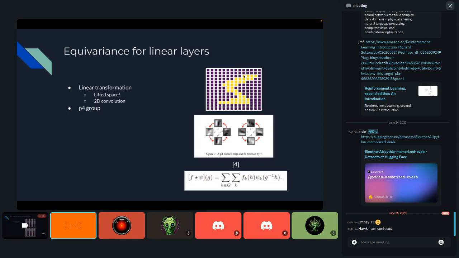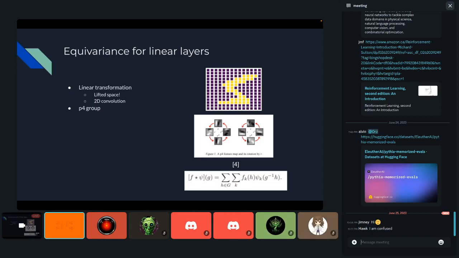The definition of convolution now changes to what is commonly used, and our feature maps now become not little sets of images, but mappings from group elements to complex numbers. And our filters are now also mappings from elements of a group to complex numbers.